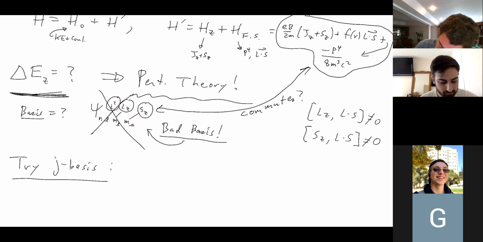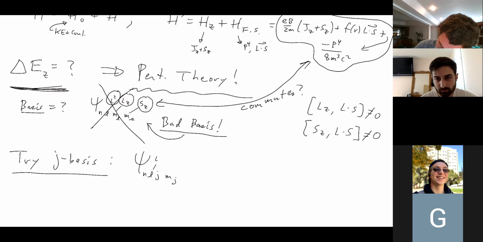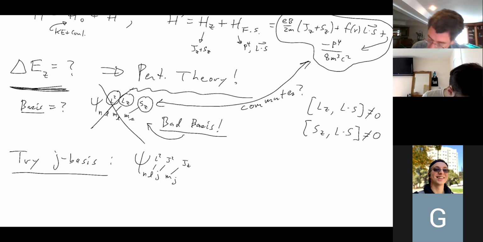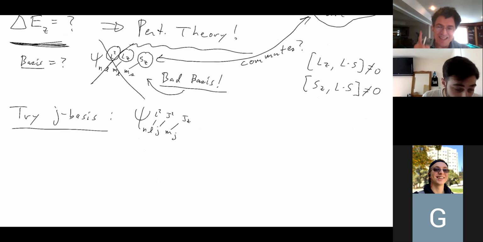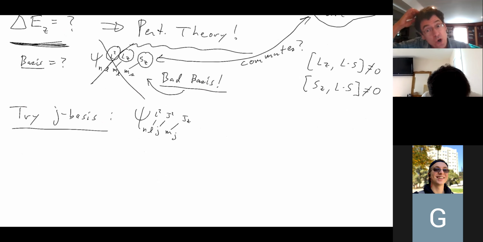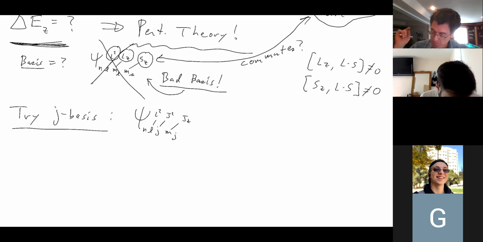This one is indexed by the quantum numbers N, L, J, M sub J, which are denoted by the operators L squared, J squared, J sub Z. Now, this is a sort of subtle point, because this is the basis that did work for the weak field case.